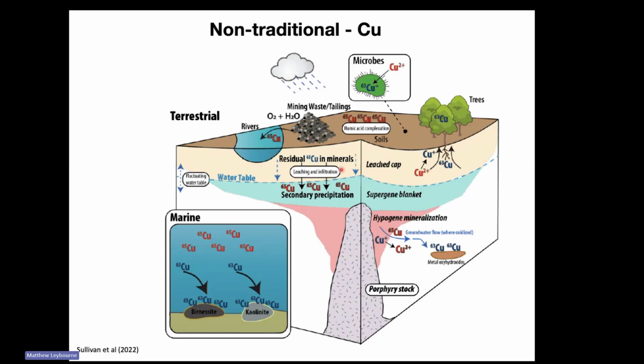The heavier copper value, copper-65, tends to go into secondary precipitation. The lighter copper tends to go into plants, and so on. So copper can get partitioned into different reservoirs as a function of different geochemical processes because it's redox sensitive.